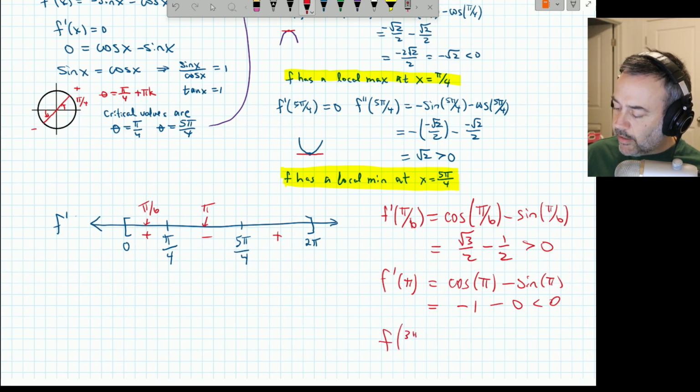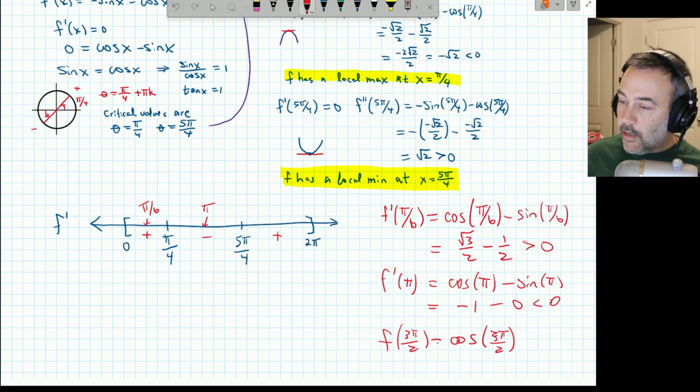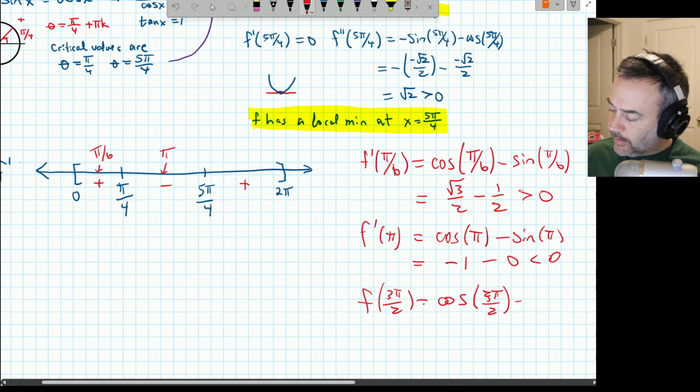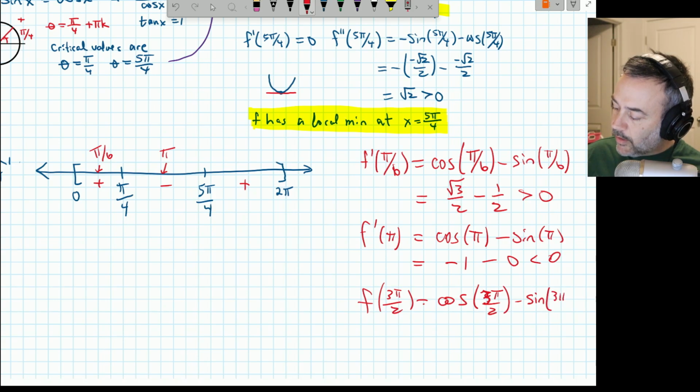Actually, 3 pi over 2 is really easy. Actually, I'll do it. 3 pi over 2. Cosine of 3 pi over 2 minus sine of 3 pi over 2. Cosine of 3 pi over 2 is 0. Sine of 3 pi over 2 is -1.